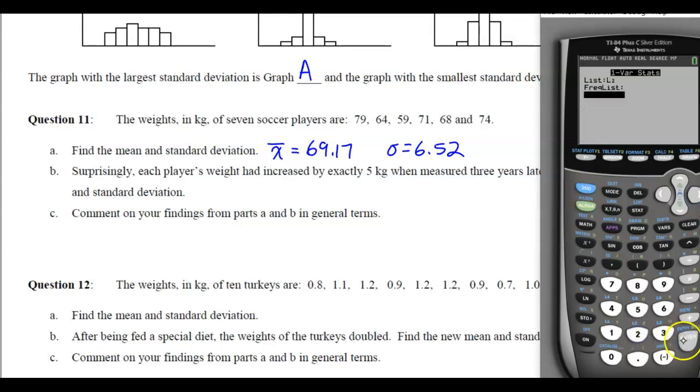Oh, what did I just do? I entered something wrong. What didn't I add correctly? Oh, that should be 64. Okay.